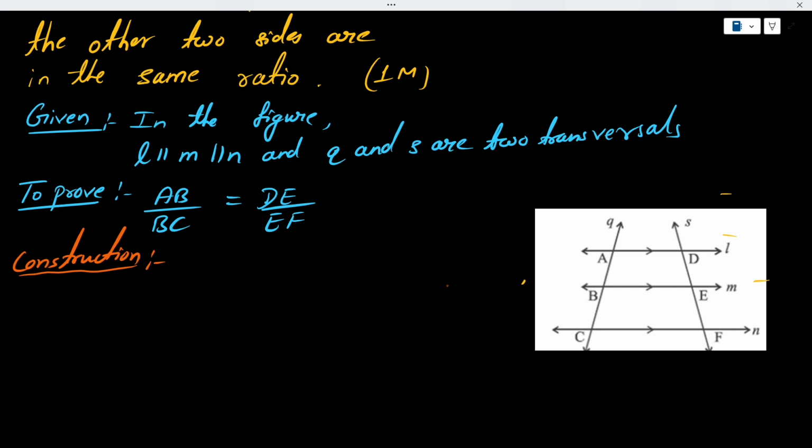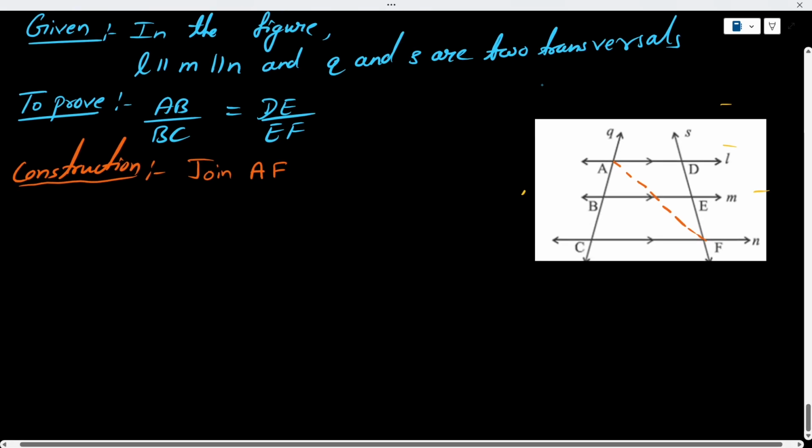Construction. What you will do to convert this figure into a triangle, you will say join A to F, right? See, I'm joining here A to F. Now, after that you will start the proving part. What can I prove now? You can see now there are two triangles.